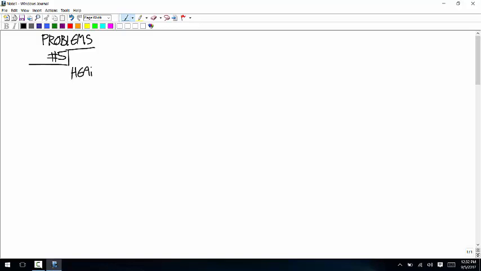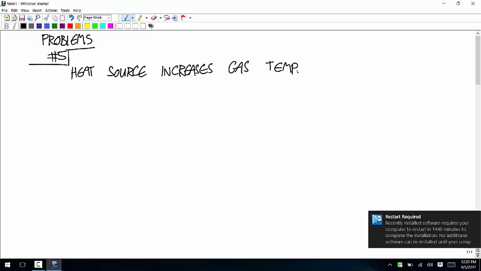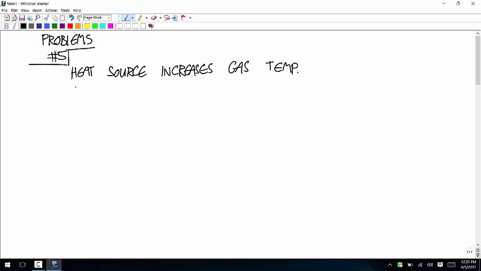So a heat source increases the temperature of the gas. And then this increase in gas temperature, the gas wants to expand, and that expansion of the gas does work on the surroundings.